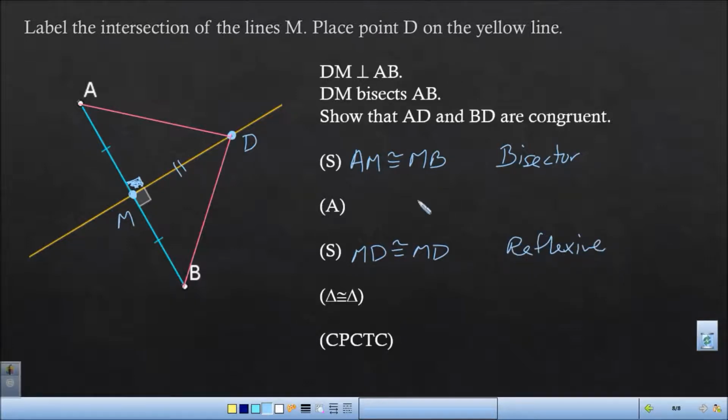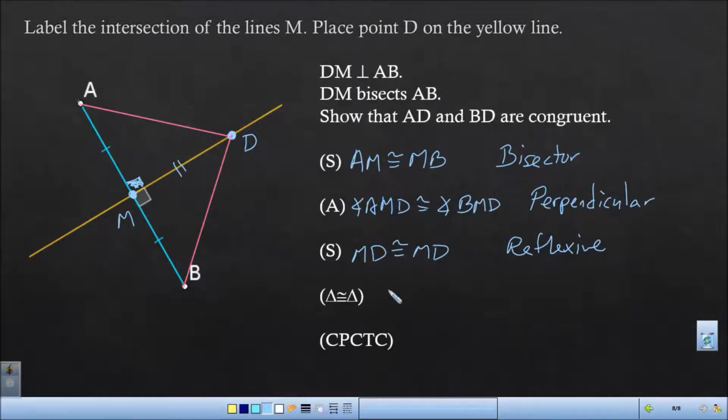And we have angle AMD congruent to angle BMD by the whole perpendicular line thing. So remember, perpendicular lines create congruent adjacent angles.